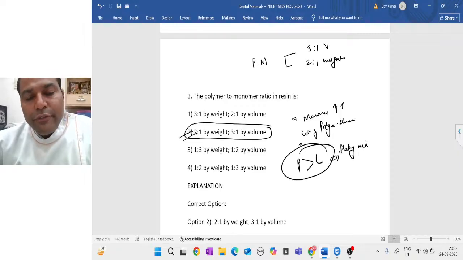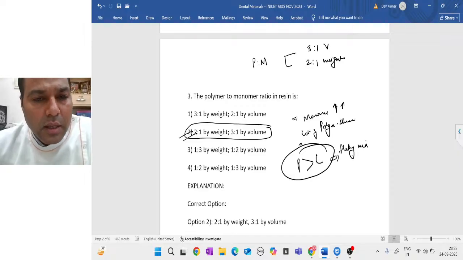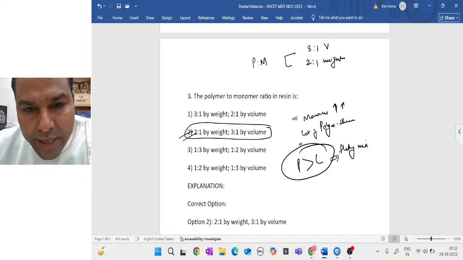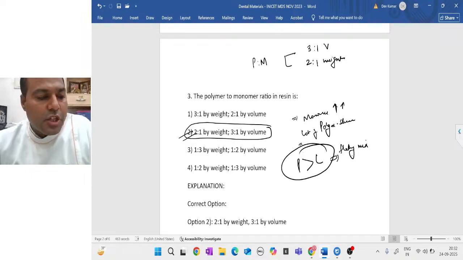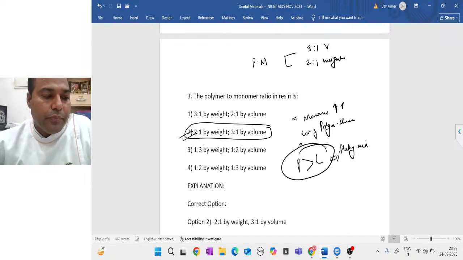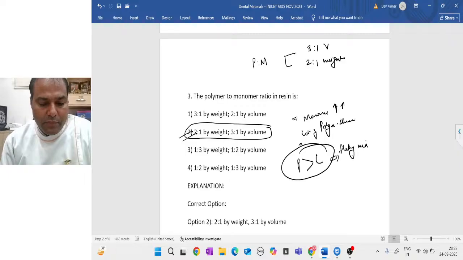So they should not be too much of monomer, they should not be too much of polymer. So the best thing is 2:1 by weight and 3:1 by volume. Clear है? I hope, see, this is a very simple, straightforward question. There should not be any problem. I hope it is clear.